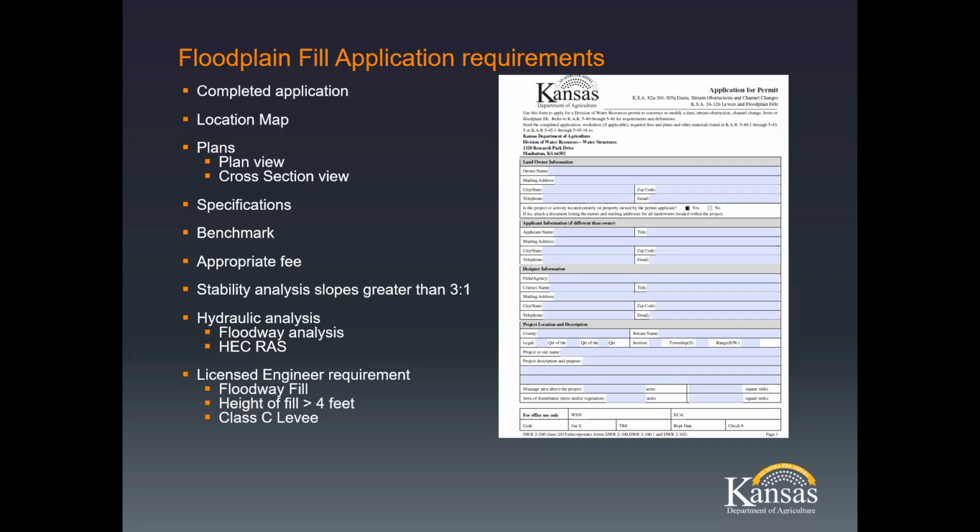This is required for all floodplain fills, most specifically for a floodway analysis. Floodway analysis must be done by HEC-RAS. And a licensed engineer is required for floodway fills, if the height of fill is greater than 4 feet, or if it's a Class C levee.